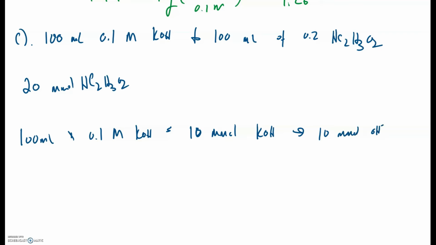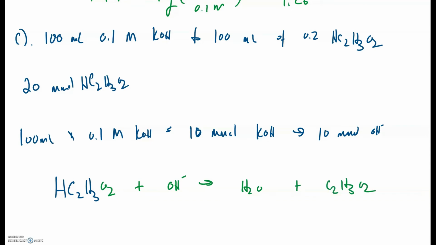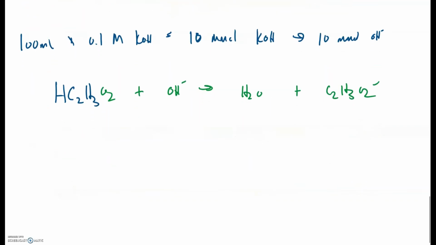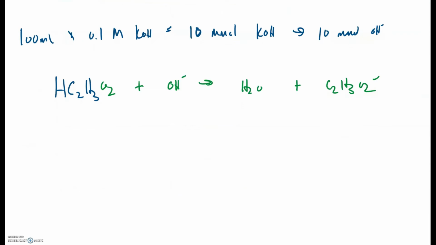So let's do our before and after. Our reaction, HC2H3O2 plus hydroxide yields H2O and acetate. This is the before reaction, 20 millimoles of acetic acid.